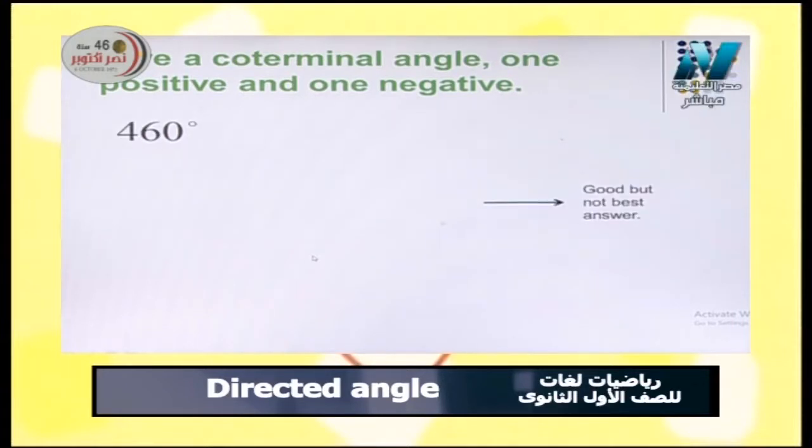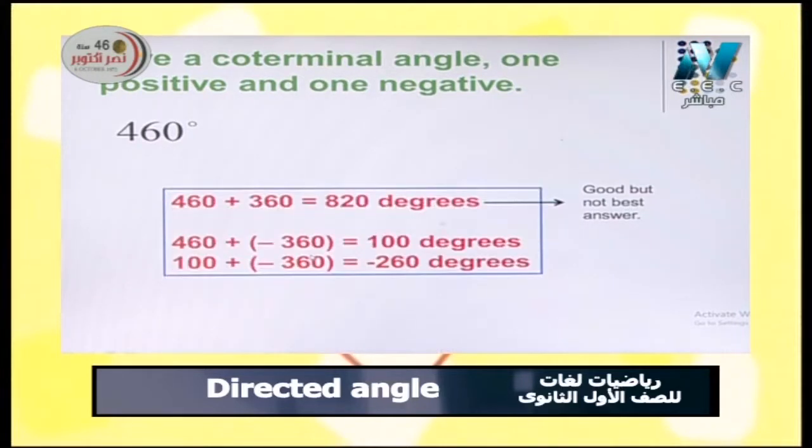Give a coterminal angle, one positive and one negative, for 460. 460 plus 360 will be 820 degrees, but it is not very good because we want the simplest form angle. If we add 460 plus negative 360, we find the smallest positive angle here, which is equivalent to 460.